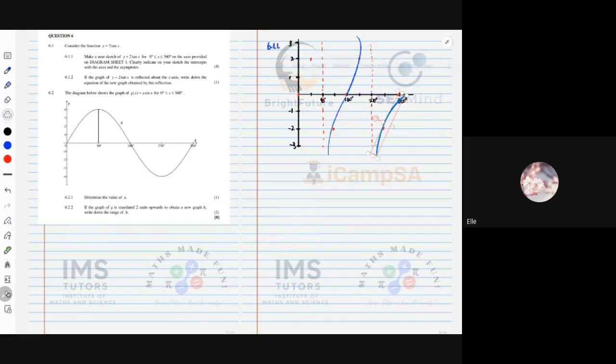I'm just trying to draw this graph as neatly as I can, even though it's not as good, because last time I drew the other one it was very good.